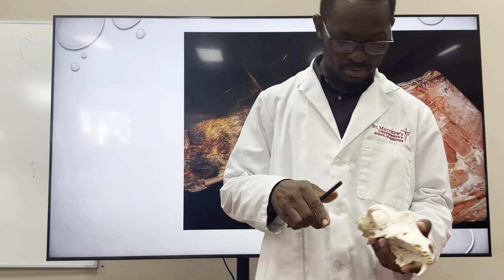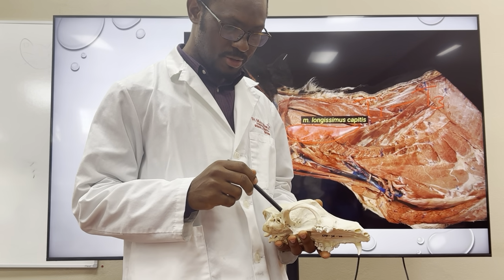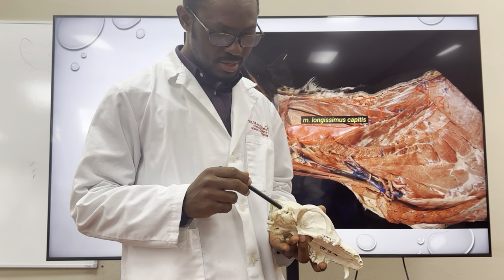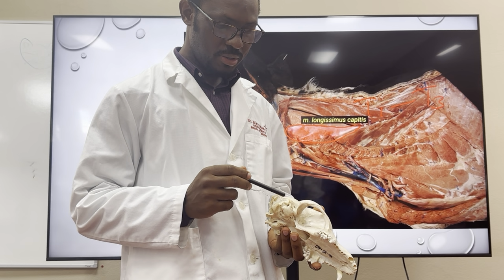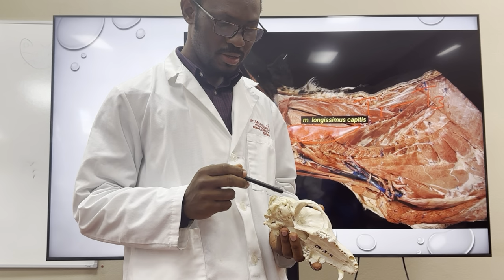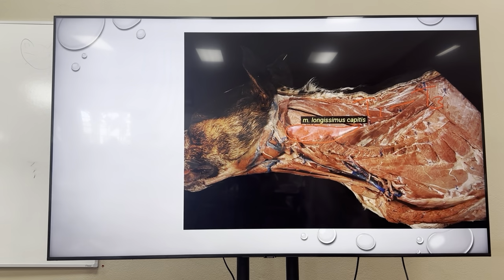So this is the temporal bone here, and we have the squamous part, we have the process, and caudally here is the mastoid, the mastoideus part of the temporal bone that also provides attachment for cleidomastoideus. So this muscle inserts on the mastoid.